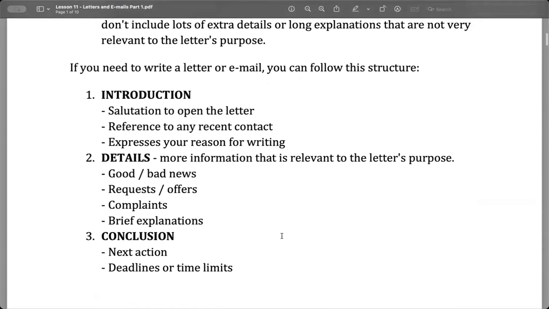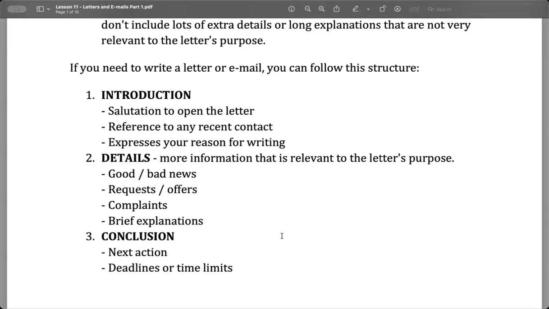If you need to write letters or emails, you can follow this structure. 1. Introduction. Salutation to open the letter. Reference to any recent contact. Express your reasons for writing. 2. Details. More information that is relevant to the letter's purpose.